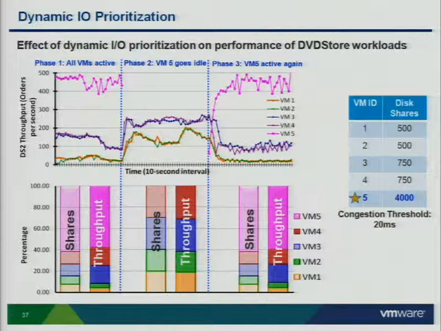I think part of the reason also is, I think what you're referring to is that the performance of VM 1 and 2 and 3 and 4 is not in ratio 1:1.5. And I think part of the reason also is that what Chetan is showing here is the application level metric. So there is another level of indirection where you get a certain number of queue slots that leads you to get a certain number of IOPS, that leads you to get a certain number of DVD Store orders per minute, and that is being shown here.